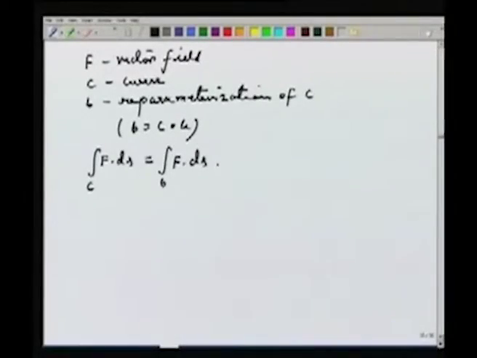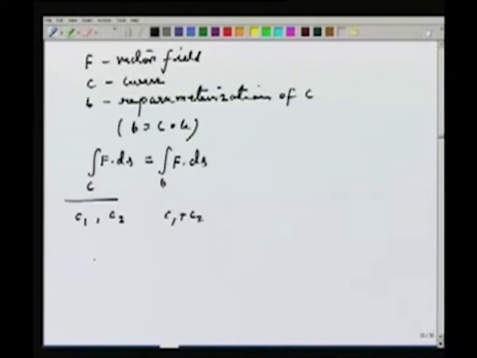Okay. Now we will go to a different meaning of line integrals, but before that there are some elementary facts about line integrals which can be easily proved. One is, suppose you are given two curves C1 and C2, then you can talk about C1 plus C2. What does it mean to say C1 plus C2?